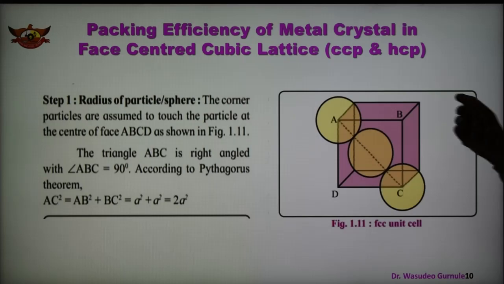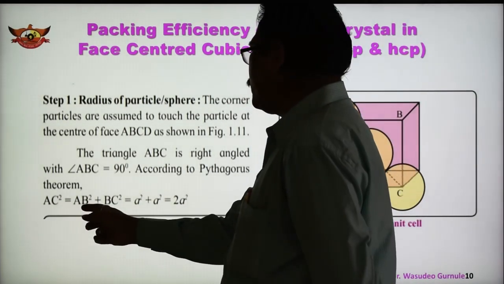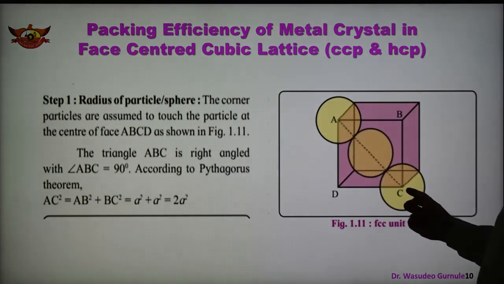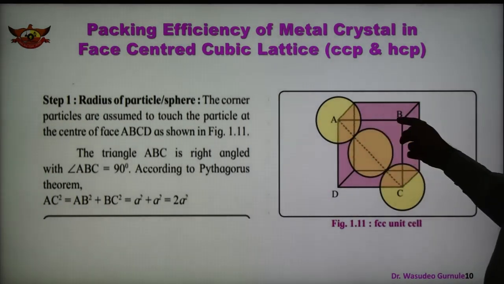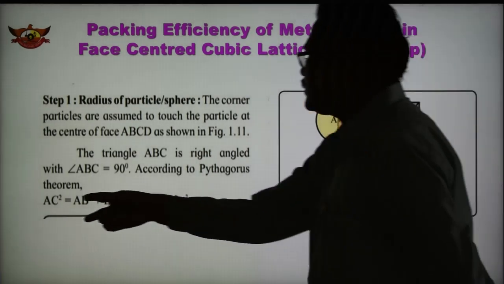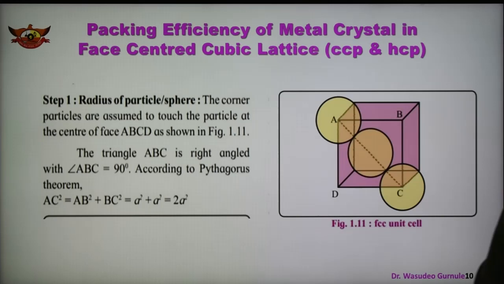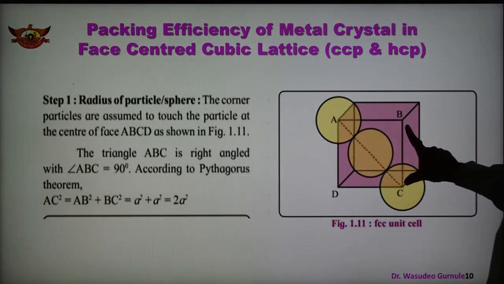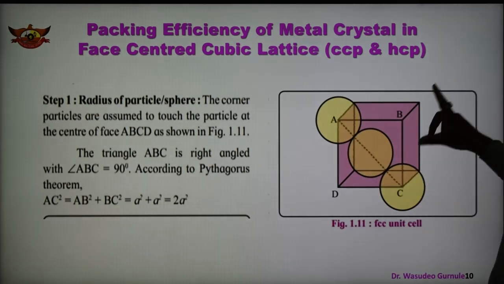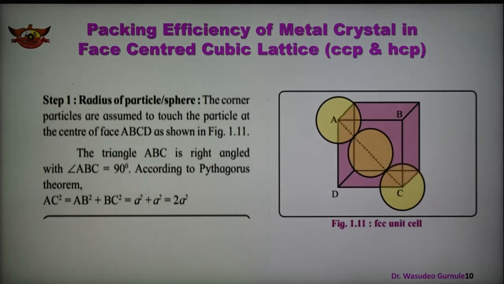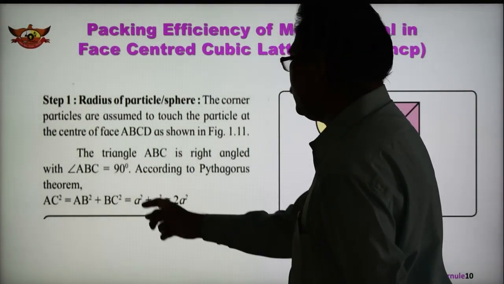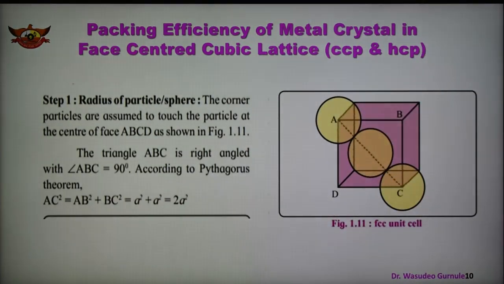So according to the Pythagoras theorem we can write AC square equal to AB square plus BC square, as we know the formula. Here AB equal to BC equal to A, so A square plus A square, so twice A square.